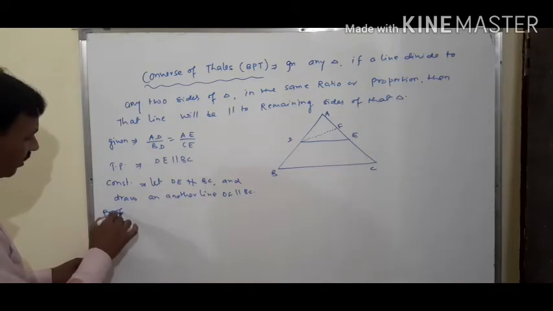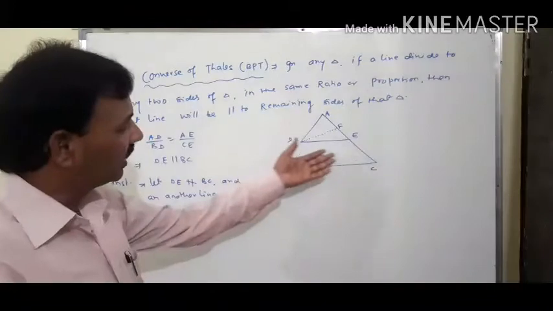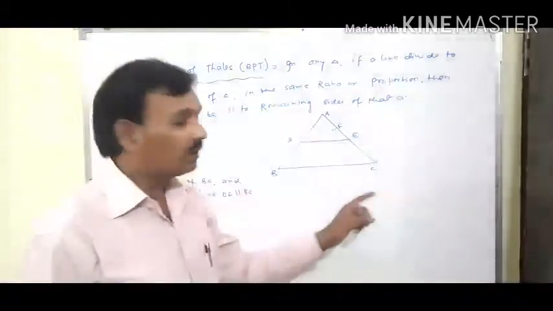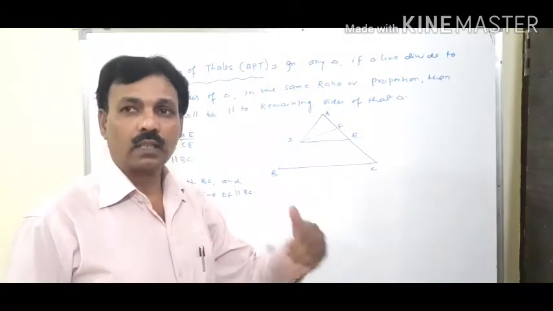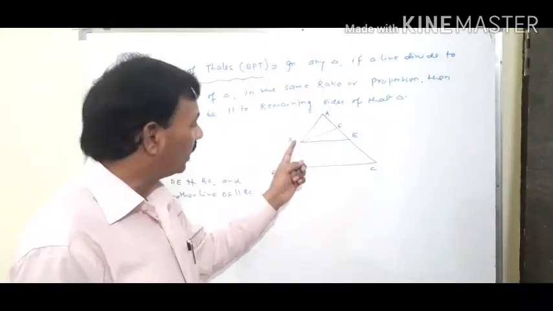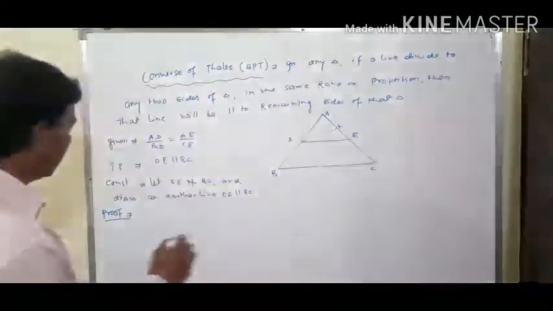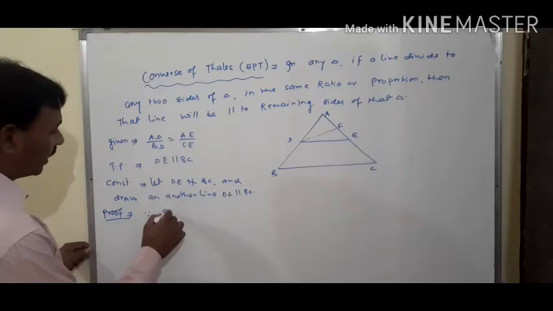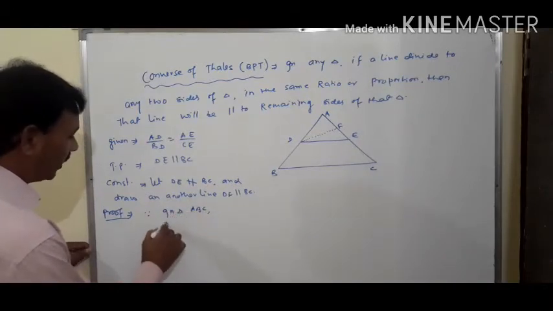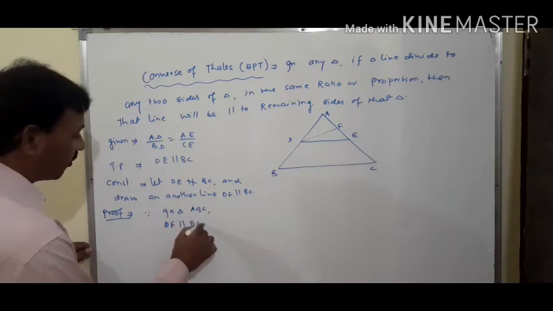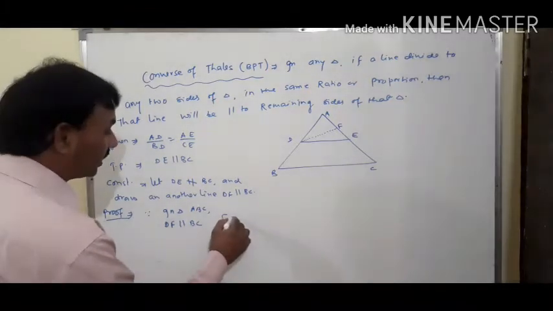Then we start the proof of this concept. First we consider that line DE is not parallel to BC and draw another line DF parallel to BC. Since in triangle ABC, DF is parallel to BC, the reason is by construction.